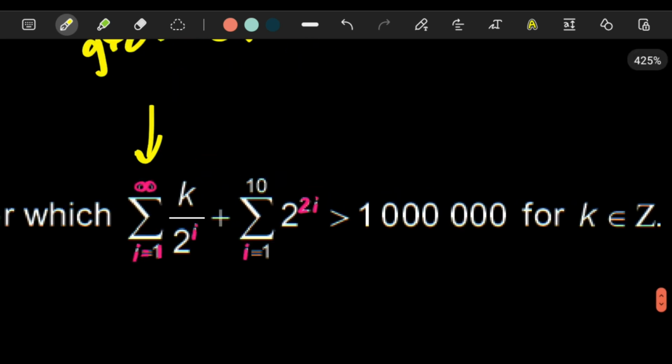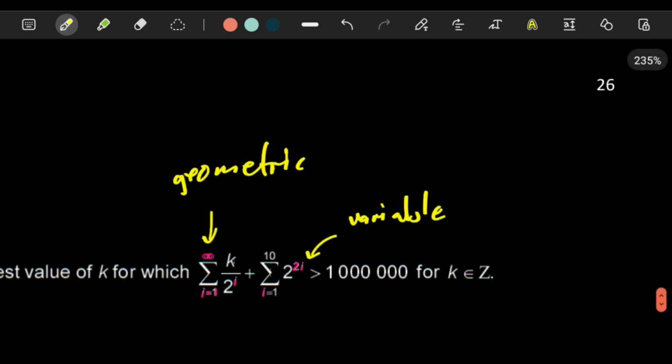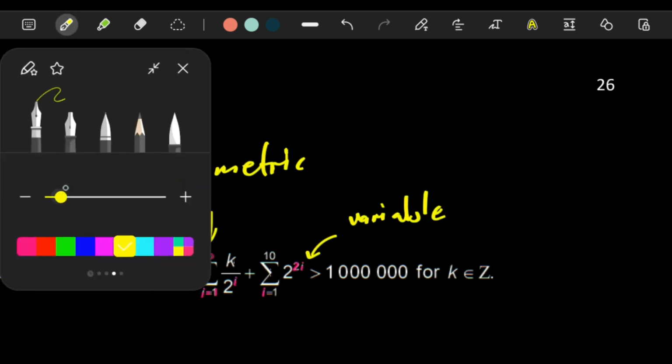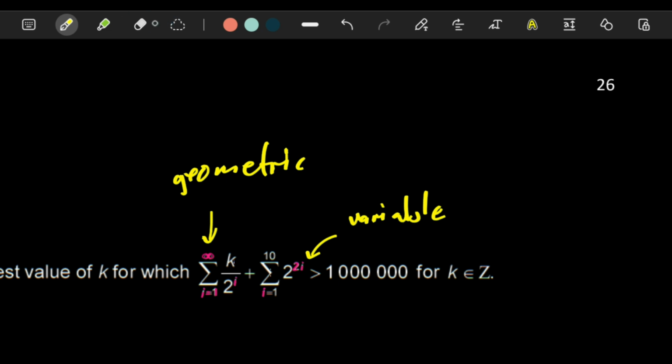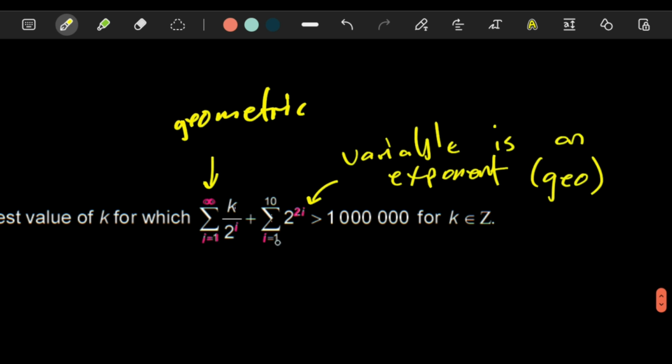Also, anytime you see that your variable is an exponent, then you're basically dealing with geometric as well. So don't forget that. We're dealing with the geometric series here and the geometric series over there.